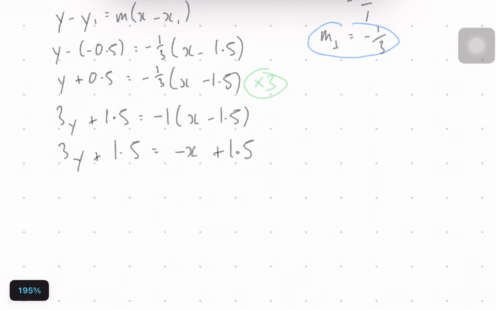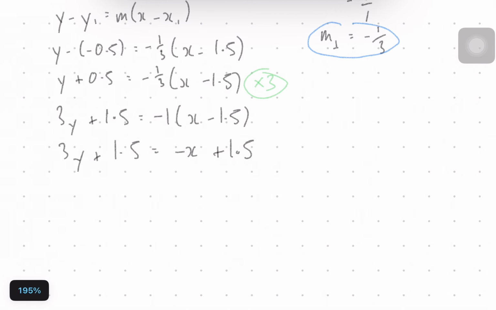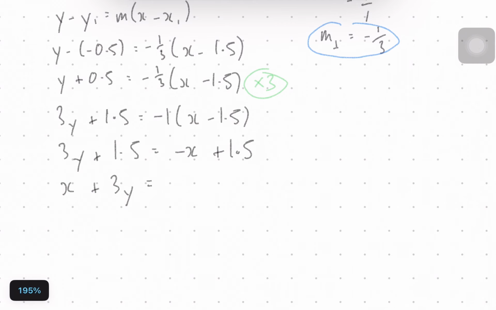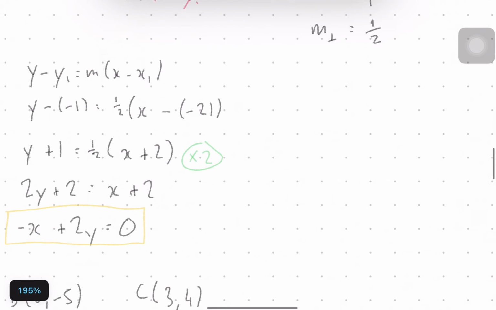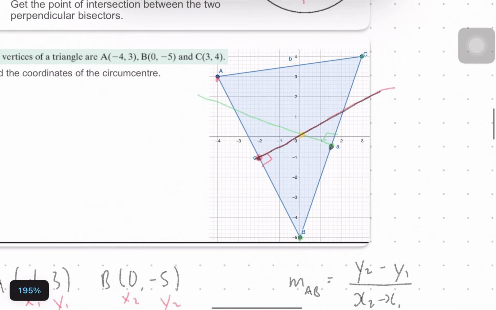Again, I want to get everything over to one side. So bring the minus x over, I get plus x plus 3y equals, if I bring the 1.5 over, it becomes minus 1.5, 1.5 minus 1.5 is 0. So there is my second equation, okay? So they are the equations of the two perpendicular bisectors.